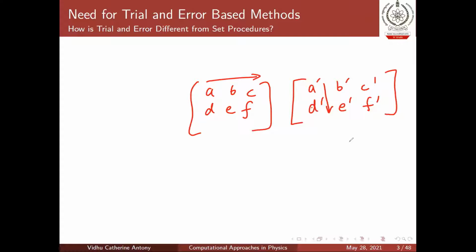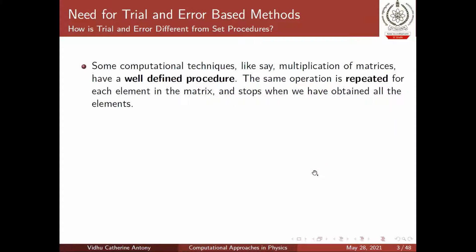So you don't have to say, okay, fine, let me try and input this particular initial value, initial guess, and then get the value from that. You don't have to do that. So these kind of procedures are for your set procedures. Okay, so how is it different? Basically, when we try to multiply two matrices, we have a well-defined procedure.